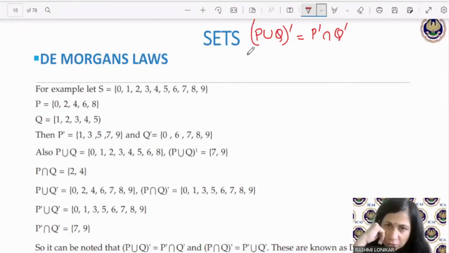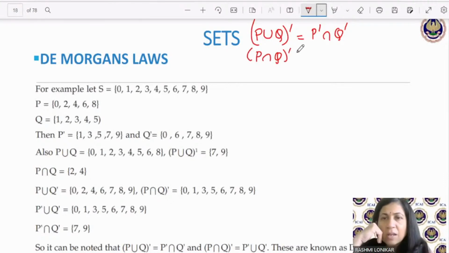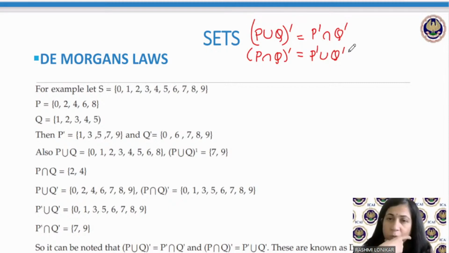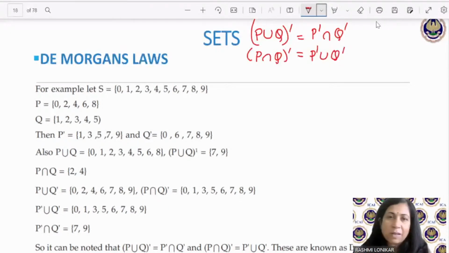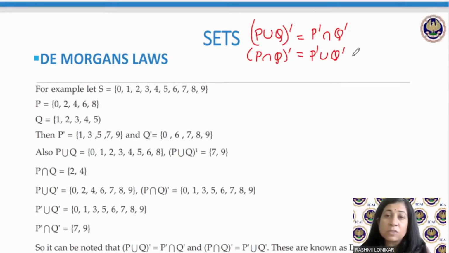And the opposite will also apply. If I have P intersection Q complement, this is equal to P dash union Q dash. We will see by example whether this holds or not.